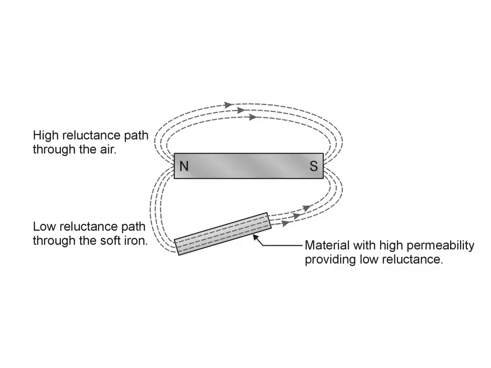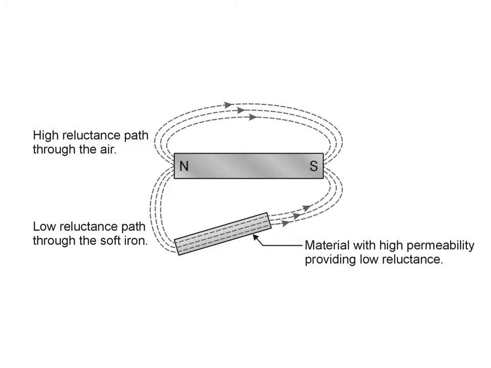Here we can see an example of a bar magnet, which is labeled north and south. And the magnetic lines of force are drawn in for us. Air is considered to have a high reluctant path.